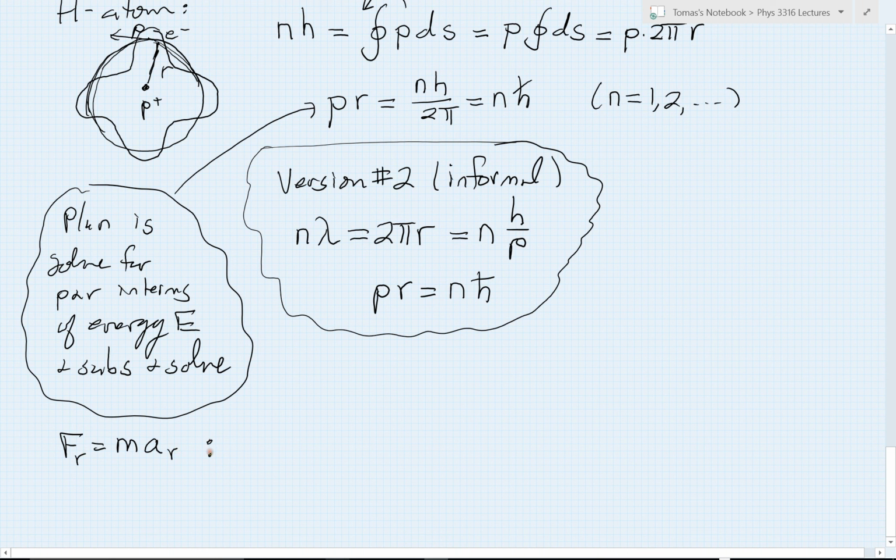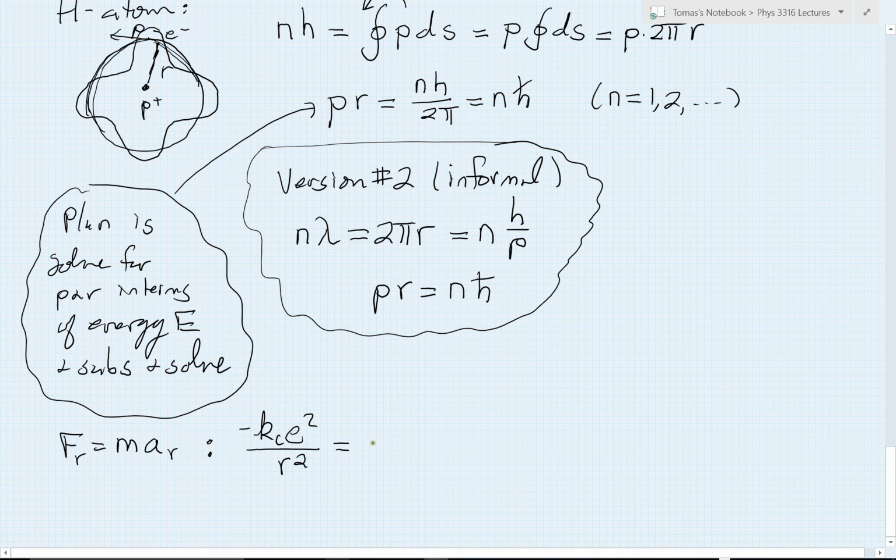Now, the force in the radial direction is our Coulomb force, which is Coulomb's constant, times the product of the charges. There's a plus e on the proton and a minus e on the electron. That product gives me an e squared with a minus sign. And then it's divided by the distance squared, because we're now writing down force, not potential energy. And that then must equal m times a.